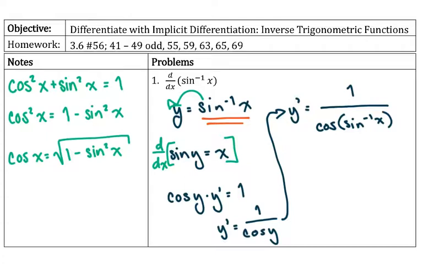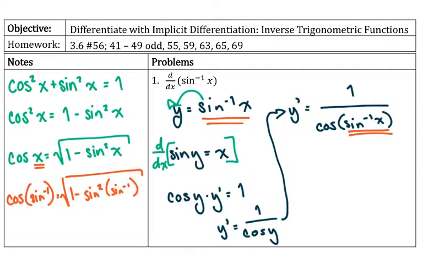And then what I will do here is use this fact to replace these x's with what's inside cosine. So this is cosine of x. I have cosine of sine inverse, but I can substitute that right in. Again, apologies for the handwriting, but it's just a straight substitution of x for sine inverse. So then cosine of sine inverse is the same as root 1 minus sine squared of sine inverse.